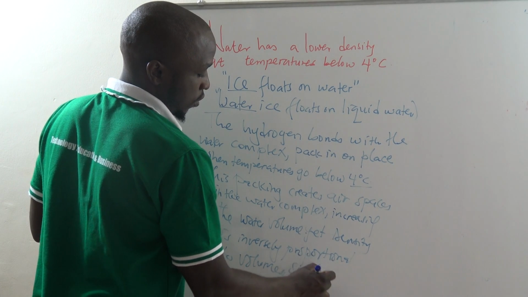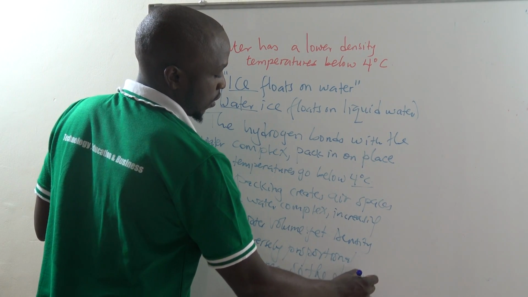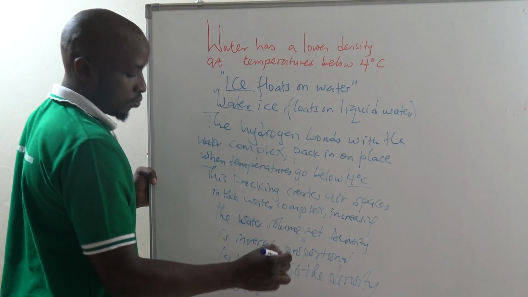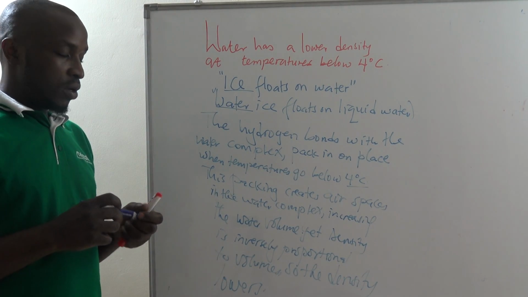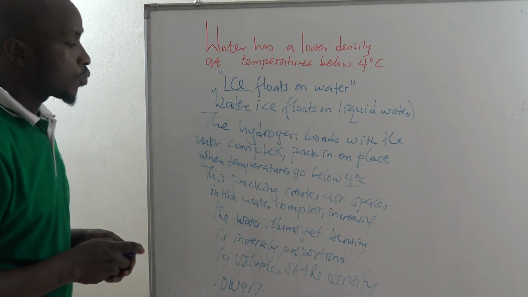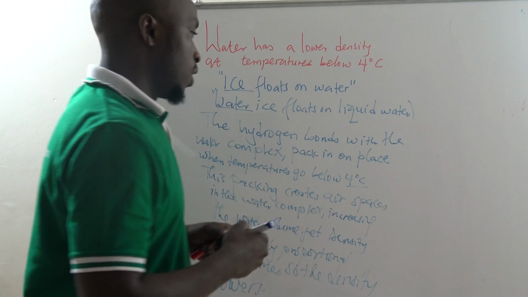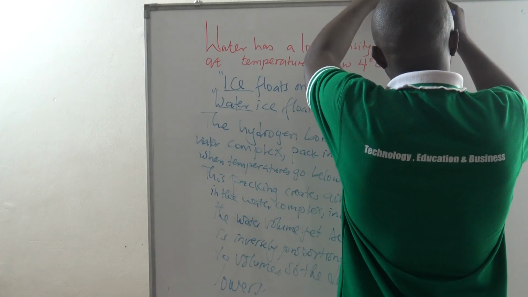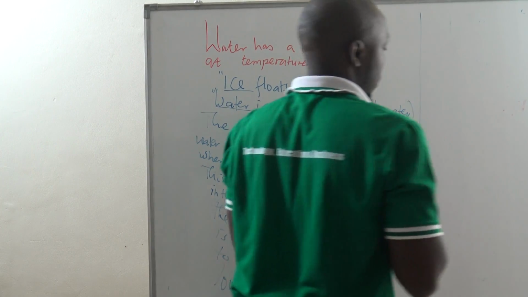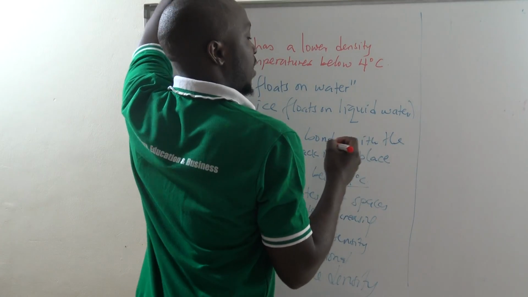So the density lowers, and that leads to ice floating on water. How does this come about? I've put in a little bit more chemistry here. How does this come about?